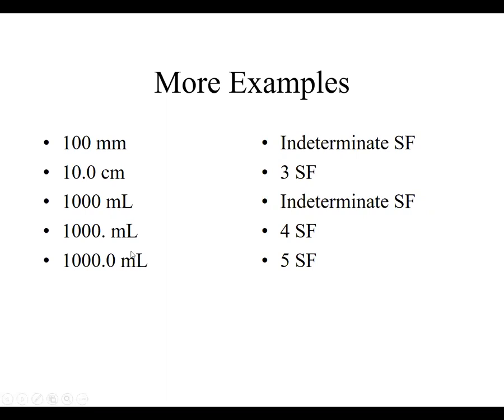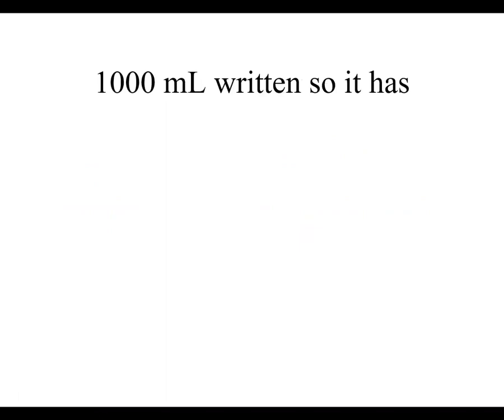Okay, now I had told you that when I just wrote 1,000 milliliters, written in that form, where a decimal point is not explicitly shown, we can't tell how many figures are significant. It could be only 1, it could be 2, it could be 3, could be all 4, right?